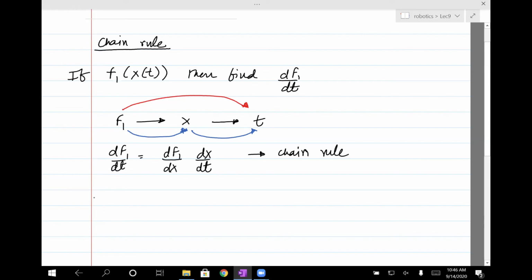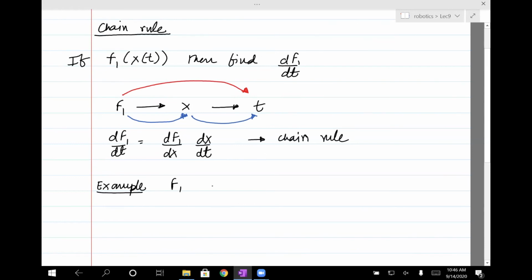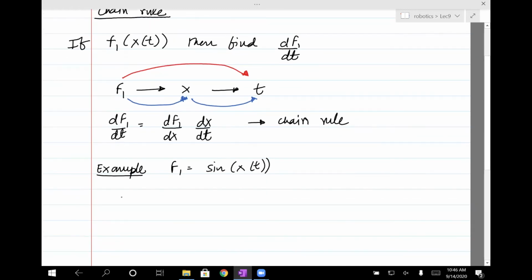Okay, so example. Let's say that f1 is sine of x of t. So how do we find df1 dt? It's df1 dx times dx dt. When you take the first part, which is df1 dx, you treat x as x, don't worry about t.